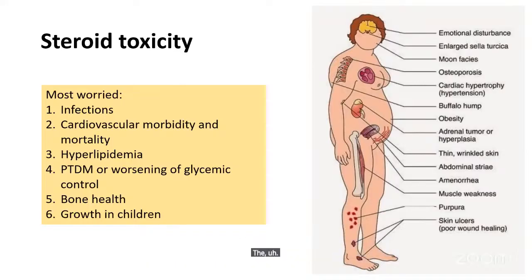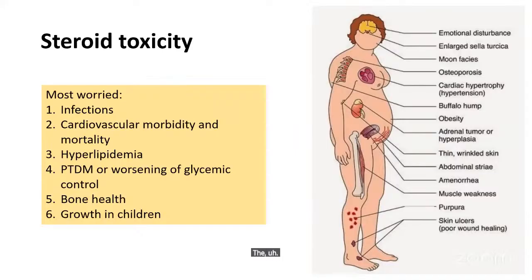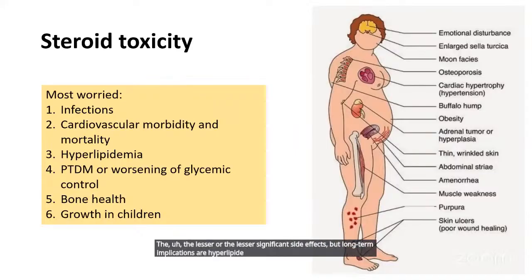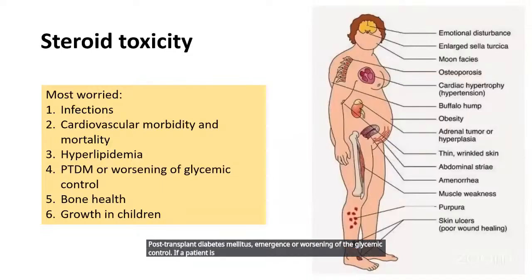In adult patients, we are again worried about cardiovascular morbidity leading to mortality. The lesser significant side effects, but with long-term implications, are hyperlipidemia and hypertension, post-transplant diabetes mellitus emergence, or worsening of the glycemic control if a patient is already diabetic.